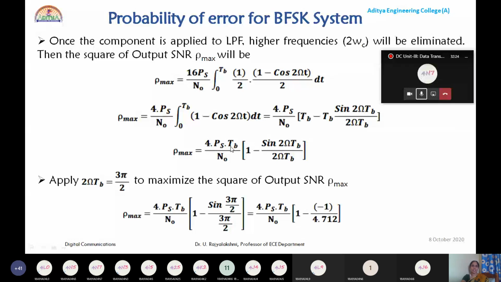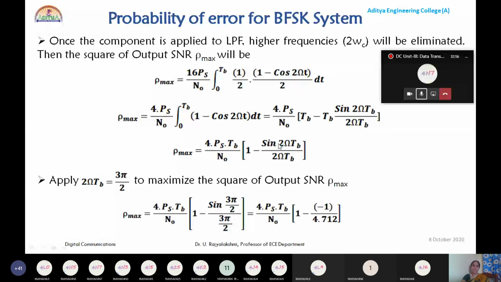So 4 PS into TB divided by N naught into 1 minus sin 2 omega TB divided by 2 omega TB. Now the square of the output SNR, you should maximize that factor, because our intention is to reduce the probability of error. So in order to reduce the probability of error, kindly take 2 omega TB as 3 pi by 2. Then you can say that the square of output SNR can be maximized.